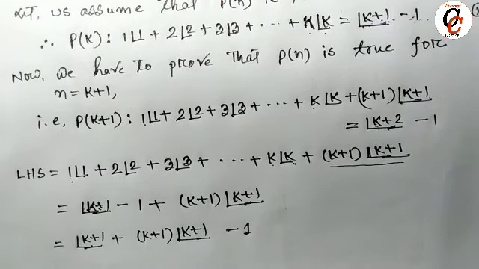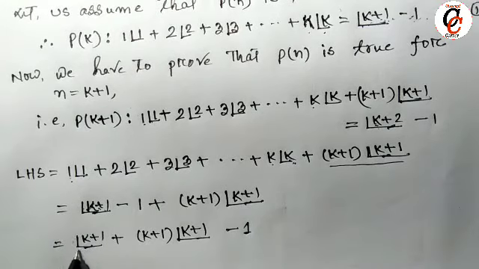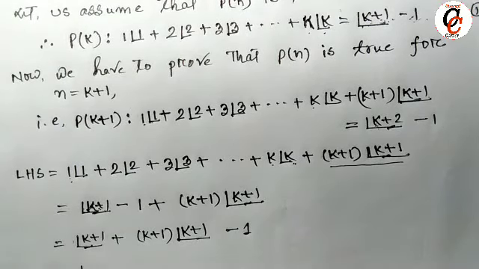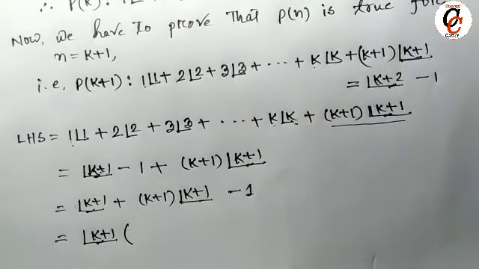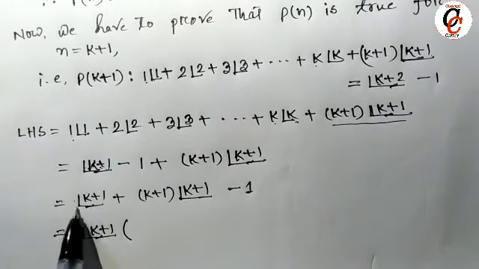Now see, from here, factorial k plus 1 is there and here also factorial k plus 1 is there, so we can take it common. Yes, we can take it common. So factorial k plus 1 comes out. What remains in place if we take out factorial k plus 1?